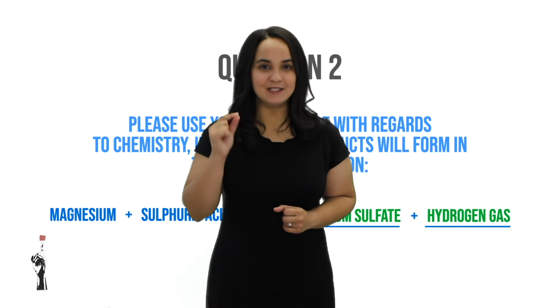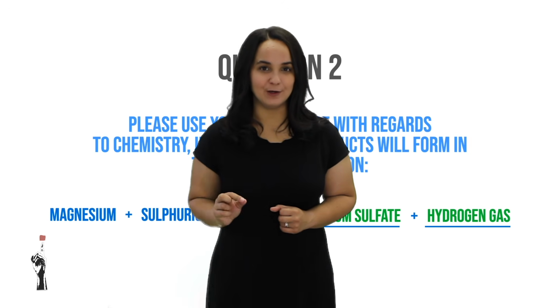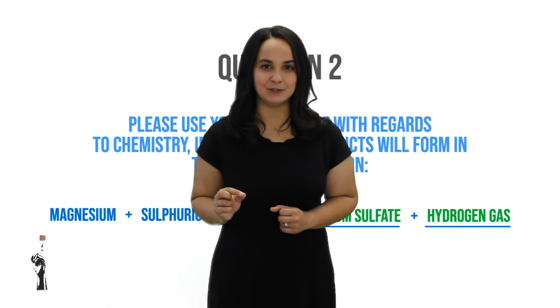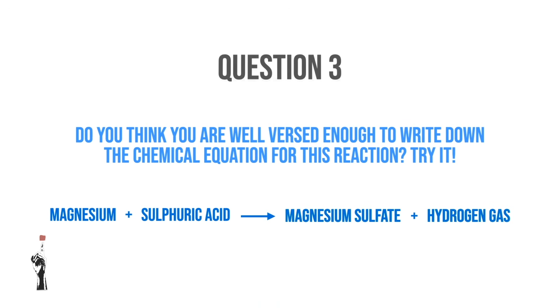Remember that hydrogen is a diatomic molecule, and when I write the chemical equation for this, it will be written as H2. Do you think that you are well versed enough to write down the chemical equation for this reaction? Try it!